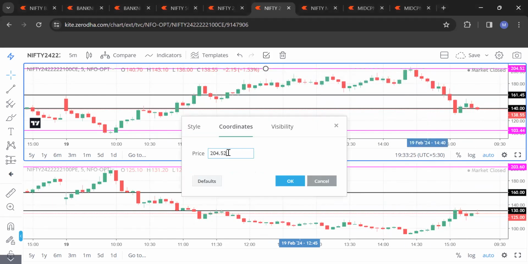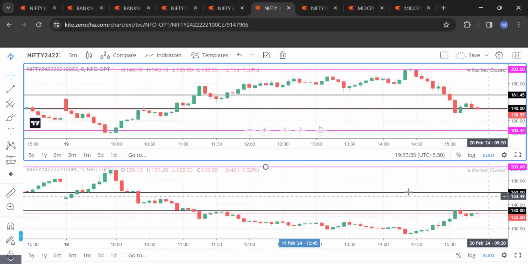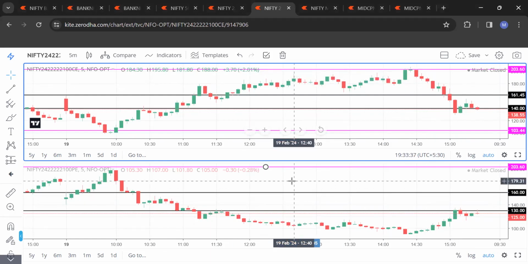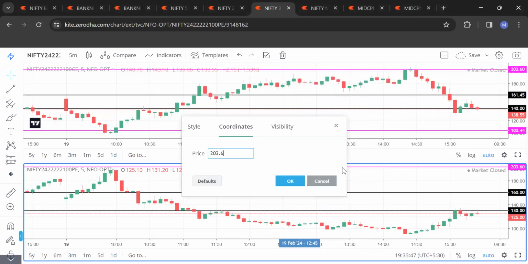The gentleman who asked the question about the upper line was correct. Here the target is less and that is also hit. Here you will calculate from 160. So 160 plus 26.11% is 201.77. Perfect. This target is almost hit.